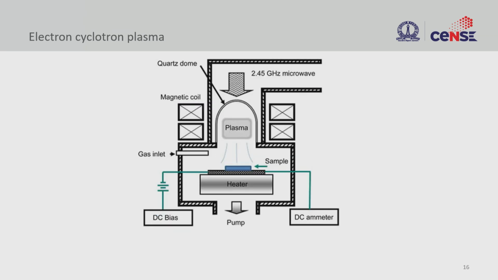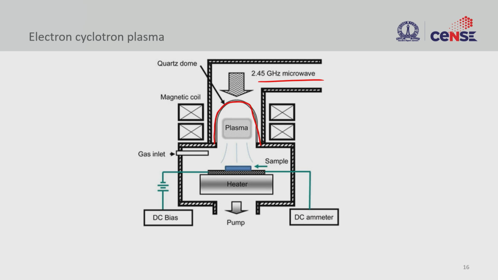And the other configuration is electron cyclotron plasma. So here we use microwave and magnetic coils. It's again a dome type system which has magnets to create that magnetic field, but then you need to have a current to energize it.